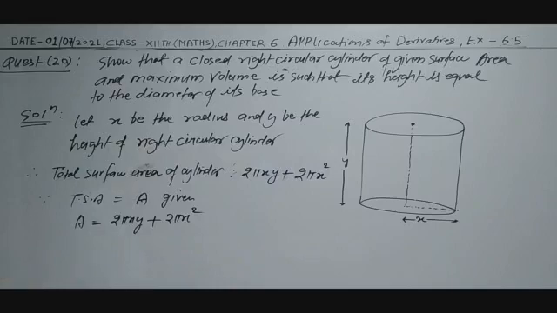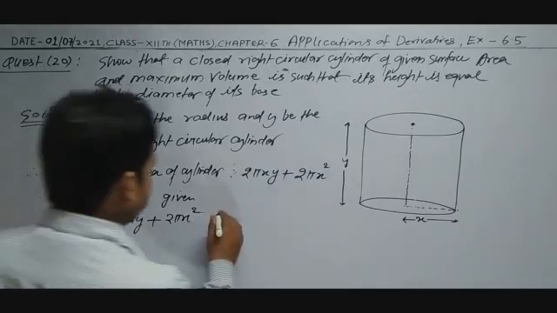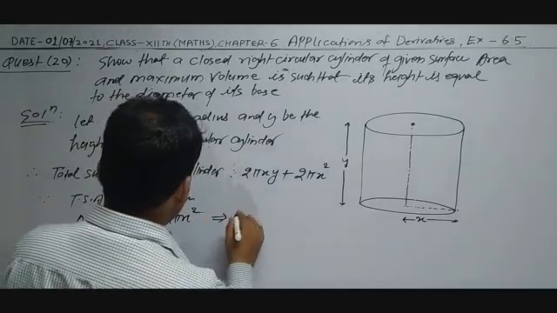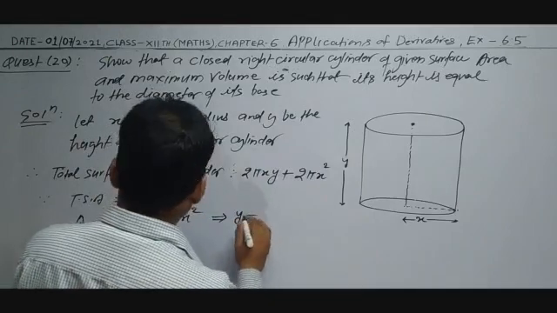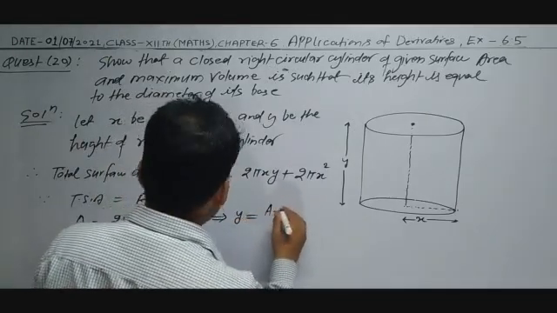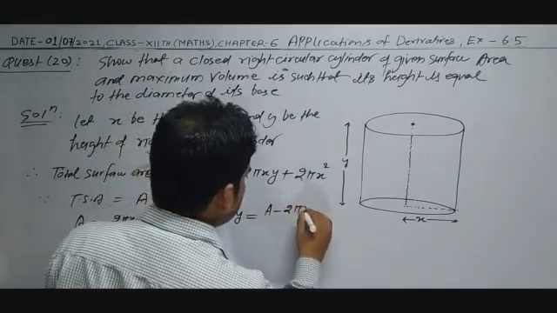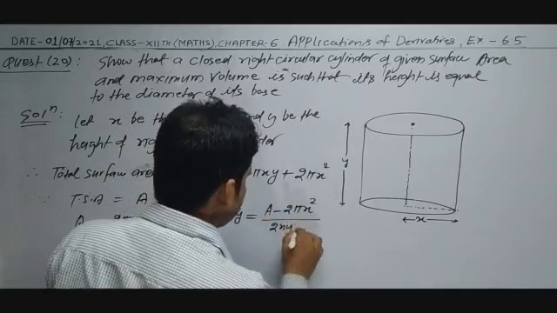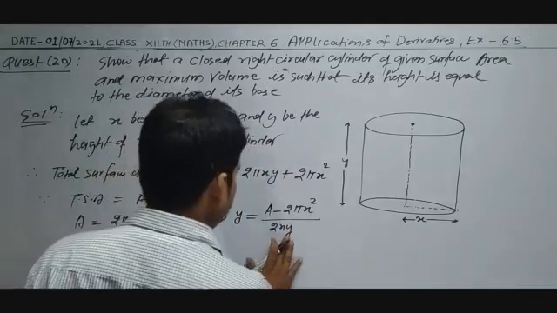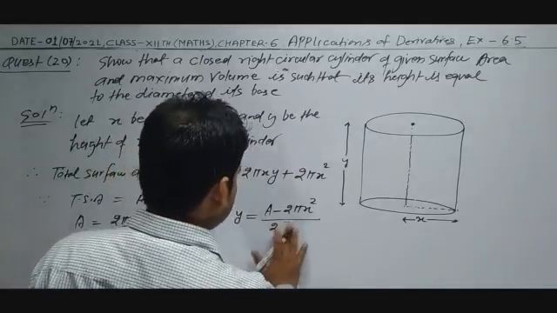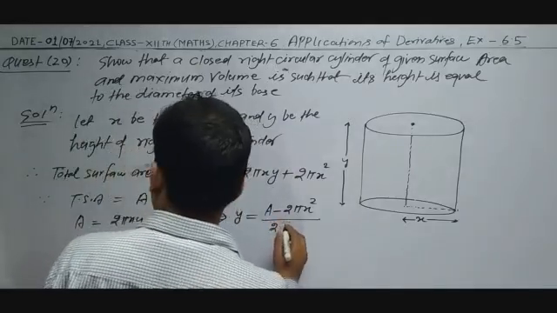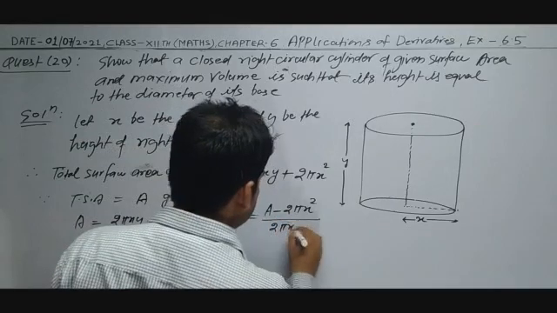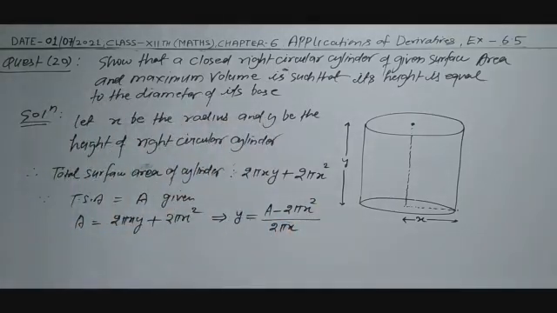When you solve for y in terms of A, the result will be A minus 2 pi x square whole upon 2 pi x.